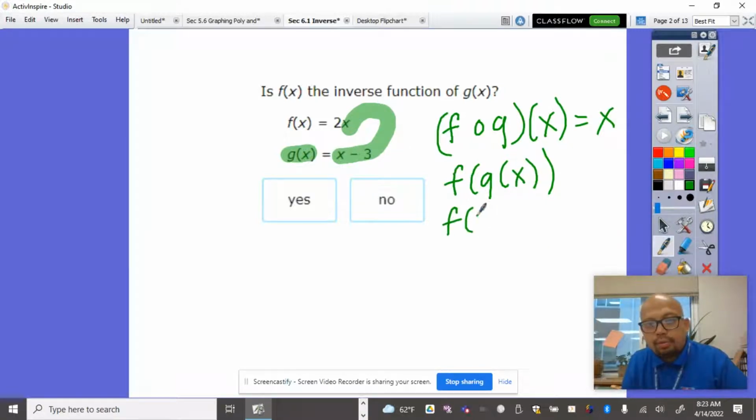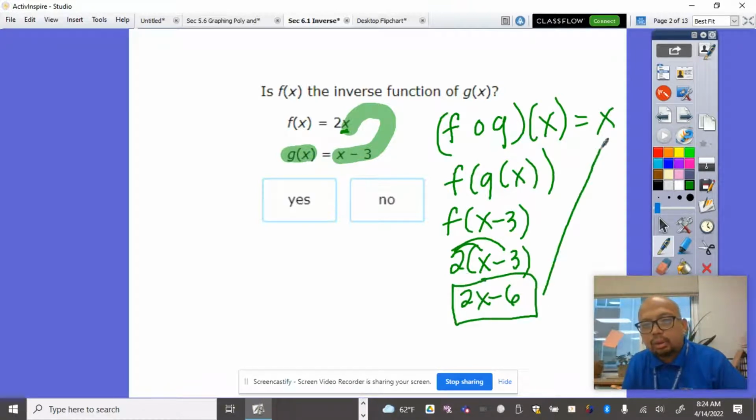So f of x minus 3: I plug x minus 3 into the x in f of x, which is 2x. So 2 times x minus 3. Distribute: 2x minus 6, and you cannot combine them. Since this is not equal to x, the answer is no. They are not inverses of each other.